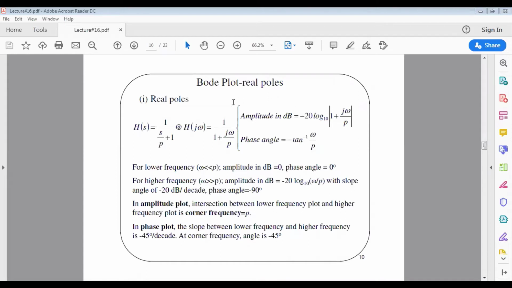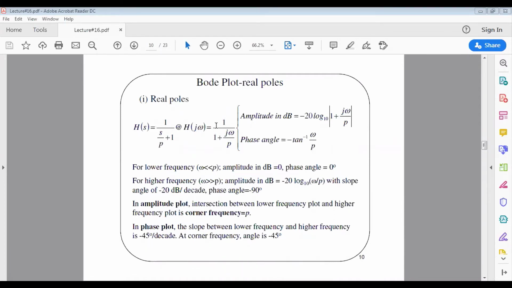Okay, so the equation for the real pole is H(s) equals 1 over s over p plus 1. In j omega terms, we have H(j omega) equals 1 over 1 plus j omega divided by p.